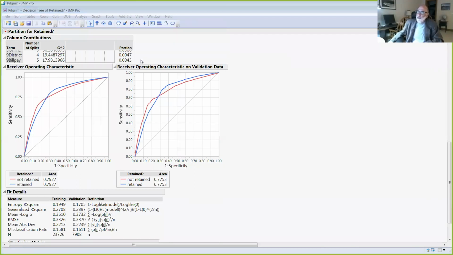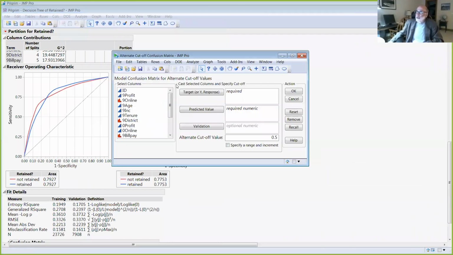So now when you launch that, it asks, what is the target variable? Well, the target variable is retention. The predicted value has to be a probability, so this is the probability of retention. And we do have a validation set.